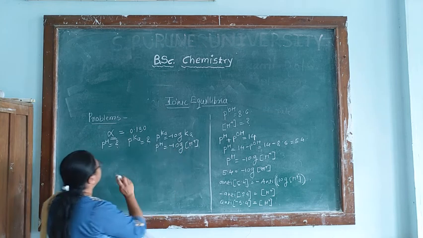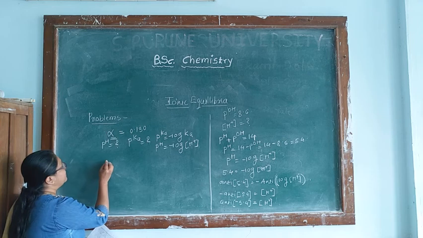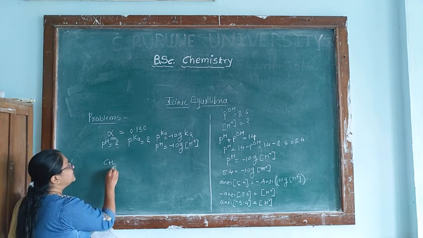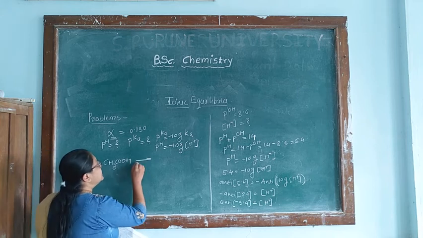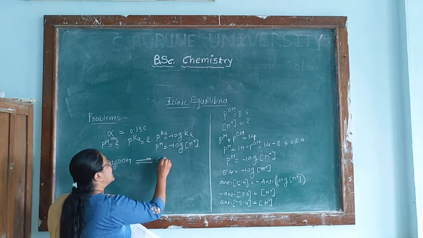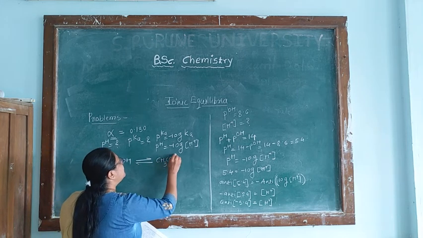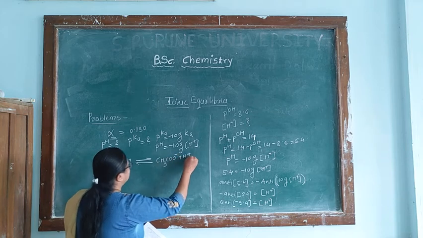Therefore, to calculate this, we take one example of a monobasic weak acid, acetic acid. This acetic acid dissociates as acetate ion and one H plus ion.